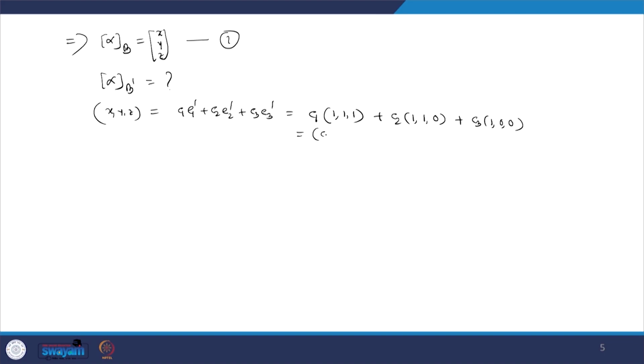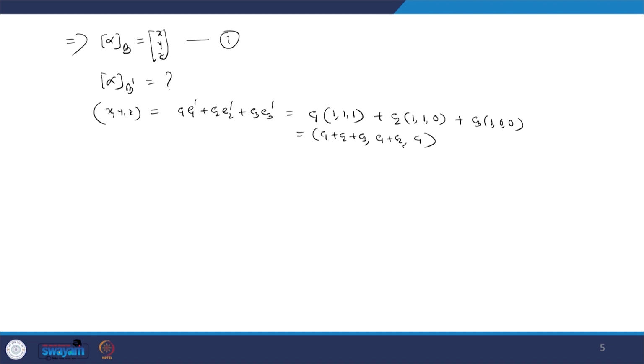This is equal to (C1 plus C2 plus C3, C1 plus C2, C1), because I have to find out what C1, C2, C3 are. Once this is known, the transpose of this coordinate matrix will give me the coordinate matrix of alpha with respect to ordered basis B prime.